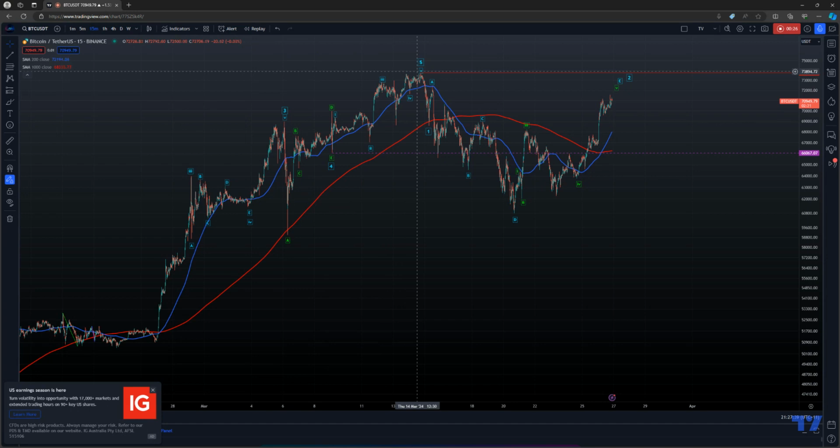So that means that basically a break of this low, which we broke early on here at about 66,000, we already broke that. So for me, this is a very complex type of scenario because it's almost like you've got a double top going on.